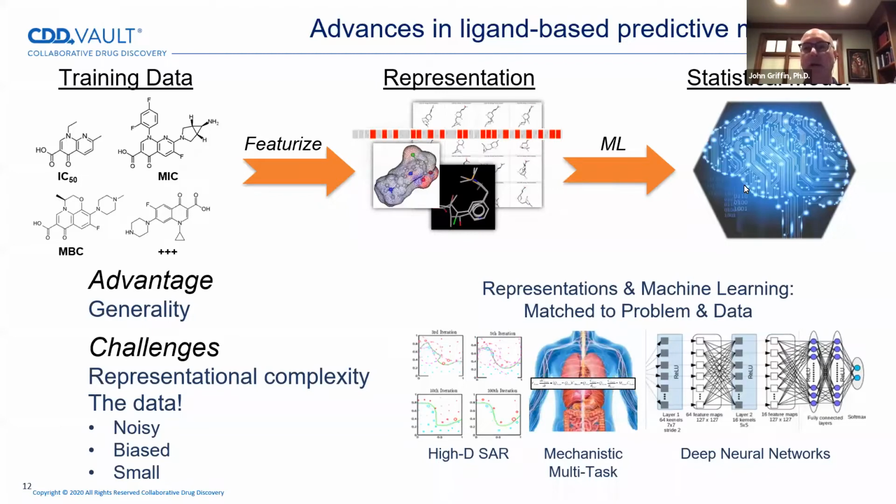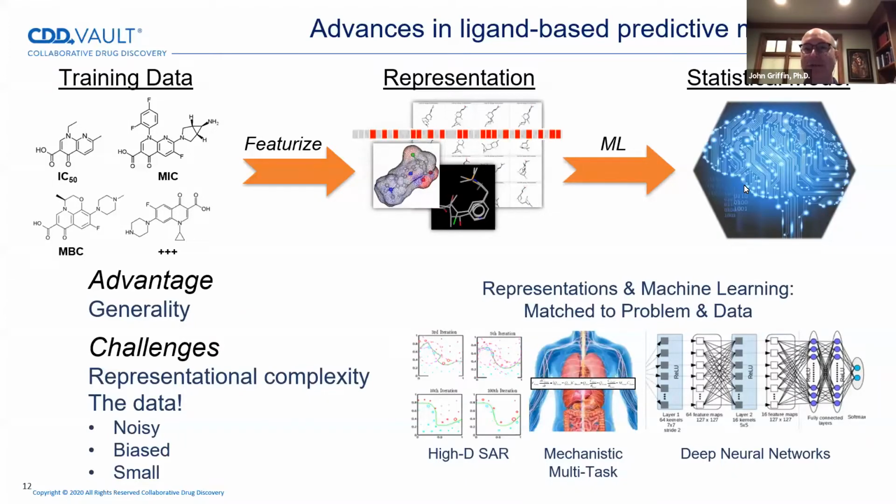One doesn't require having the structure or structural information of the target. In fact, you don't even need to know what the target is, because this approach, of course, may be applied to phenotypic data. And so that's a great generality, because it really does allow you to span questions ranging from target discovery all the way through lead optimization and, say, in small molecule drug discovery.